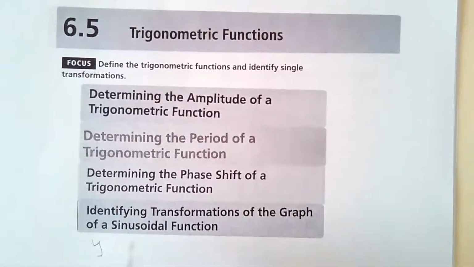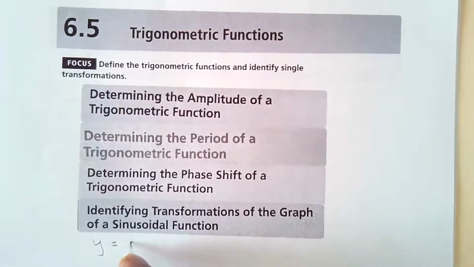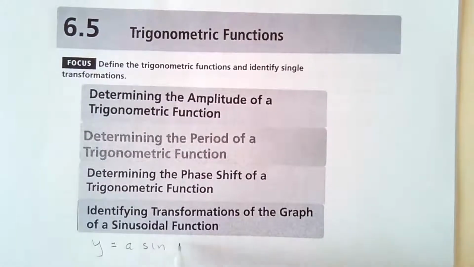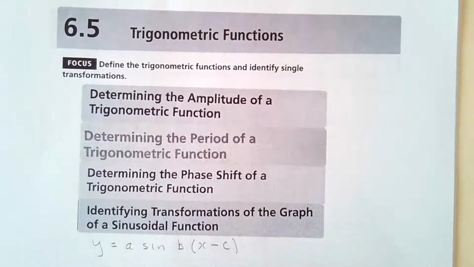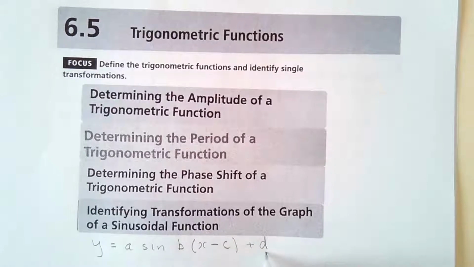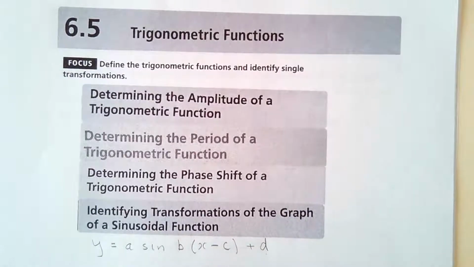So the general form of a sinusoidal function is y is equal to a sine b x minus c. That's what we looked at last time. Today we're going to add d, which is your vertical translation.